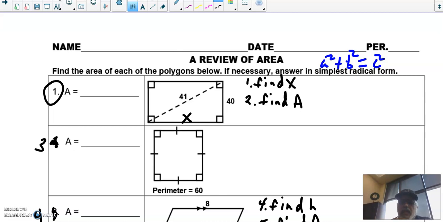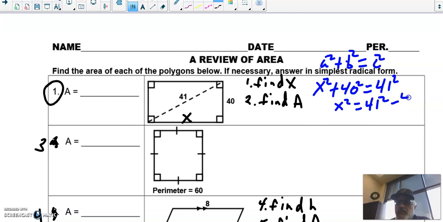So in this case, x is going to be my a squared, plus 40 is my b squared, equals 41 squared, which is my c squared. And then I'm going to go ahead and solve for x, which means I have to subtract that 40 squared from both sides.